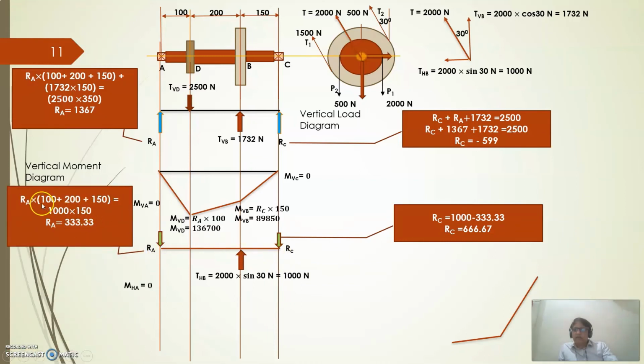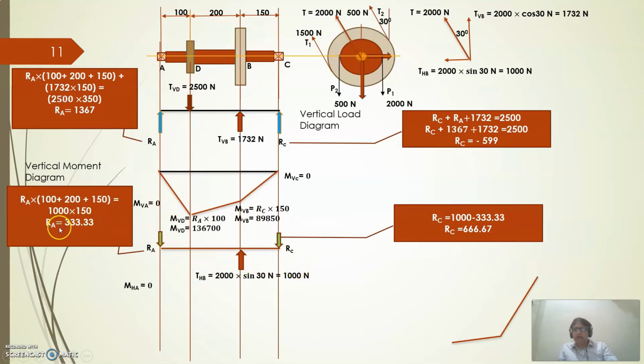Here, taking the moment about C, RA into this distance. This distance is 100 plus 200 plus 150. RA is a force acting in the downward direction, so it creates an anti-clockwise moment, right? It is equal to this 1000, which is clockwise, 1000 into this distance, that is 150.